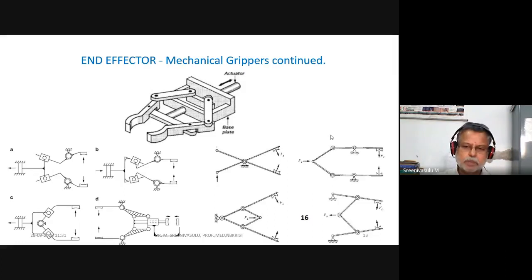So this particular one is giving the actuator. This actuator is moving forward and backward. If this moves forward, what happens? This is going to push this link, and this link is going to move outward. Even this will move outward. Once this moves outward, since this has been hinged, these two fingers will move forward, say close.